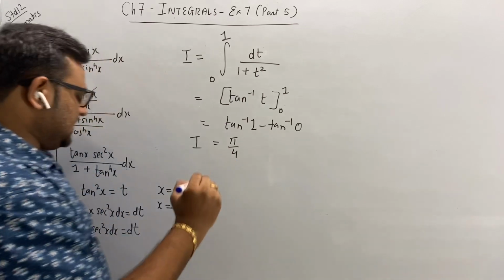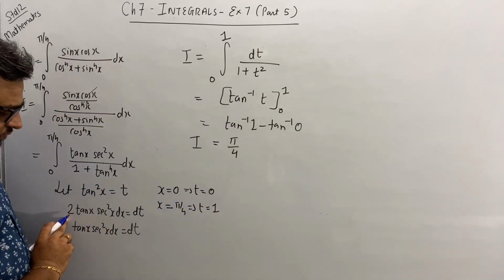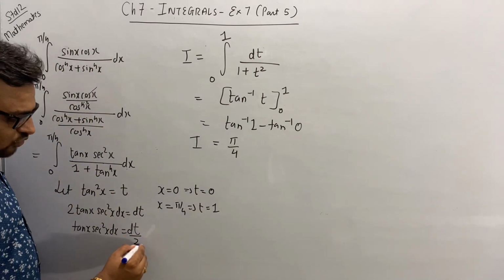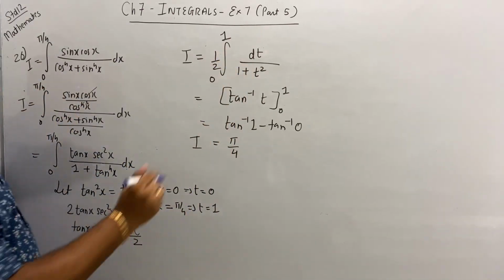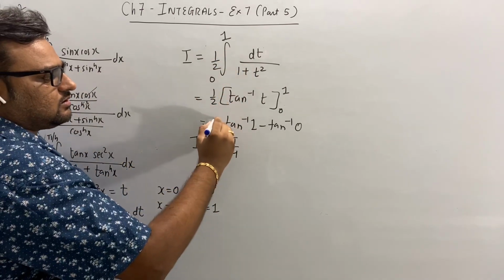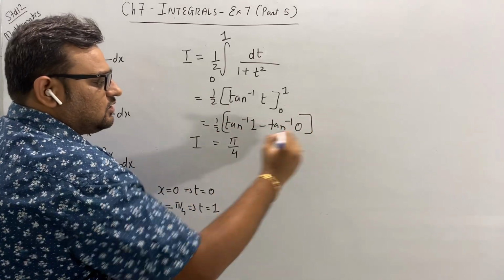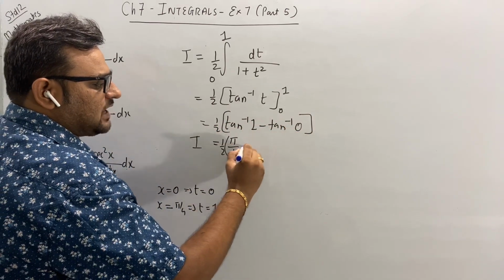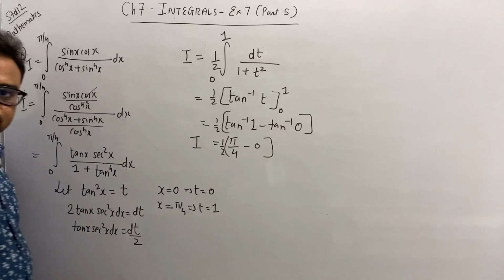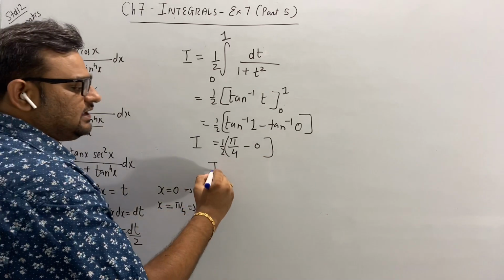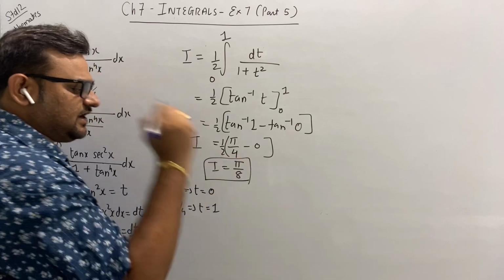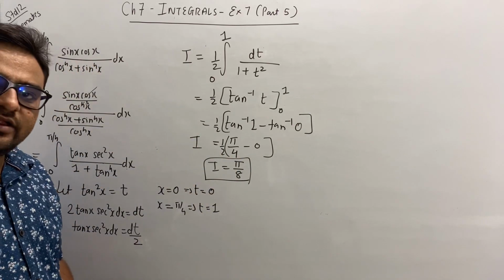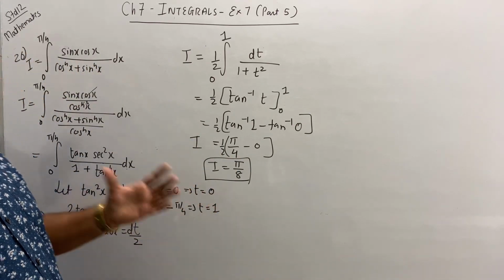Pi by 4. Okay, and we forgot here 2. It will be dt by 2, so this will be 1 by 2 into pi by 4 minus 0. So I will be equal to pi by 8. Clear? Okay, so this is your answer.